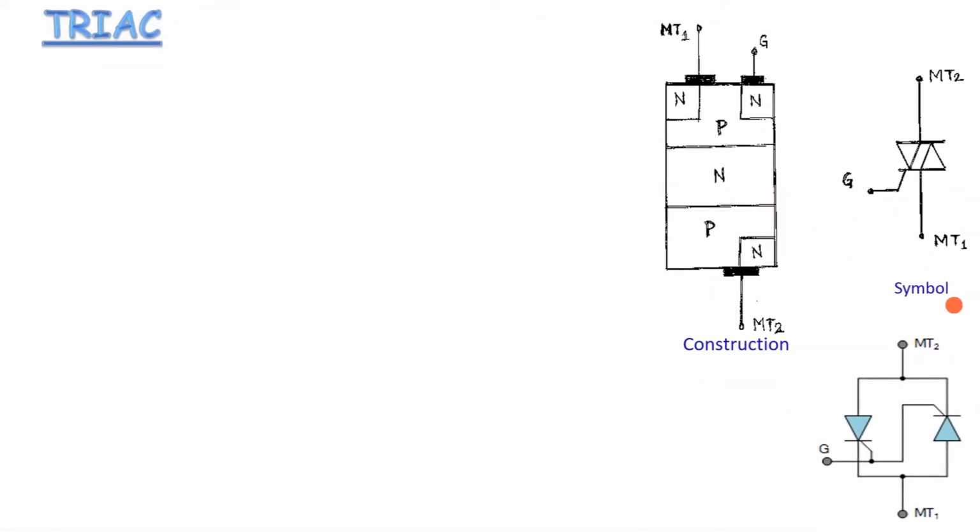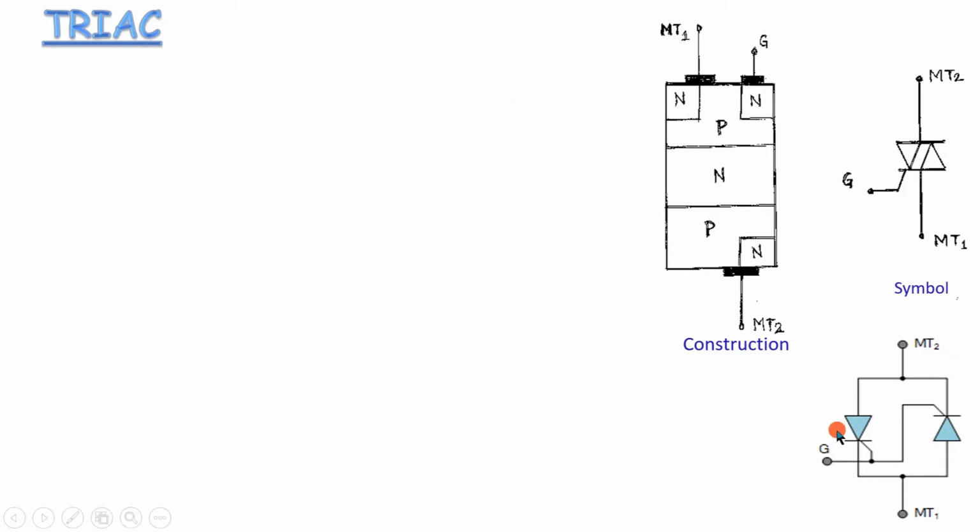Here we have also shown the construction and the symbol of the TRIAC. The name TRIAC comes from the fact that it has three terminals and it is an AC device. It is a triode for AC, and therefore it is called a TRIAC.